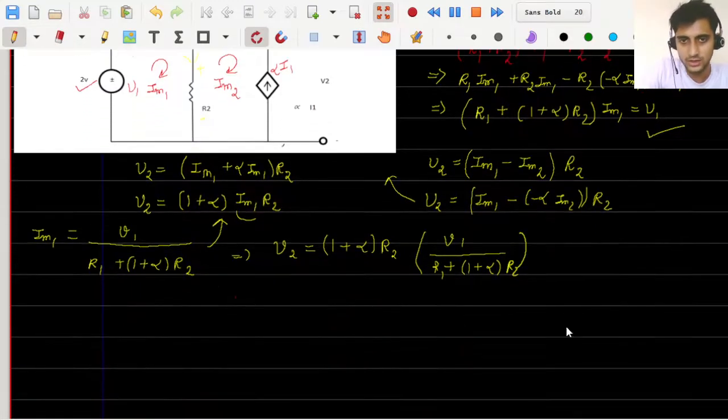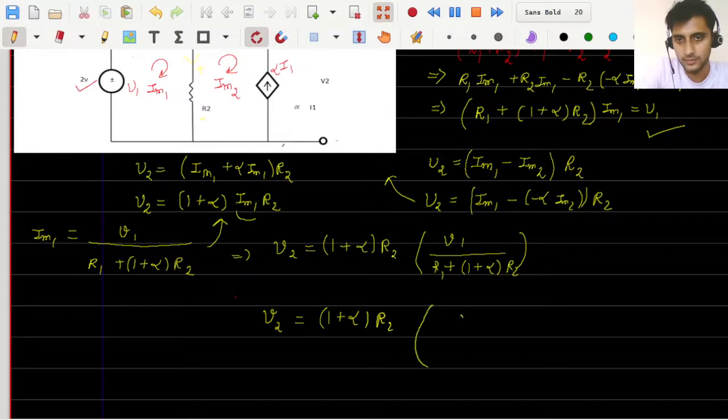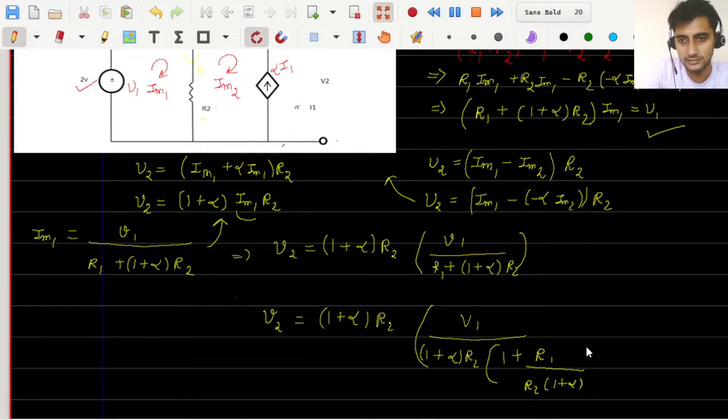So it is almost solved now. V2 is equal to (1 plus alpha) times R2 times V1, and if I take (1 plus alpha) R2 common from the denominator, then this is going to be (1 plus alpha) times R2 times (1 plus R1 upon R2 into (1 plus alpha)). Okay. And you see that this can be cancelled with this particular thing.